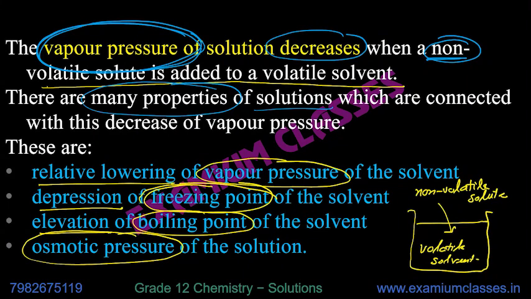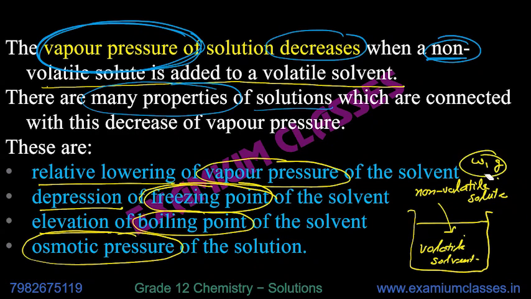Before I proceed, from now onwards, the convention will be slightly different from what you have studied in 11th. In 11th, normally we consider the solute as the first component and the solvent as the second. Normally, we say we added W1 grams of solute.